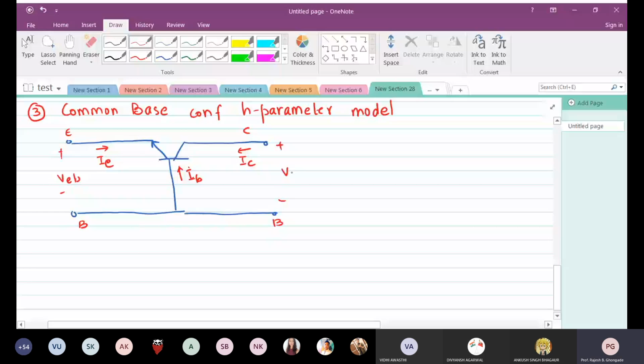Okay. Let us see the H parameter equivalent. It is very easy if you see the patterns. Same thing. This should be a standard template like thing.